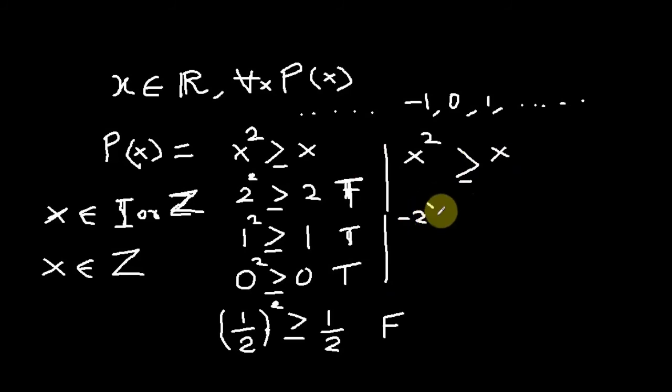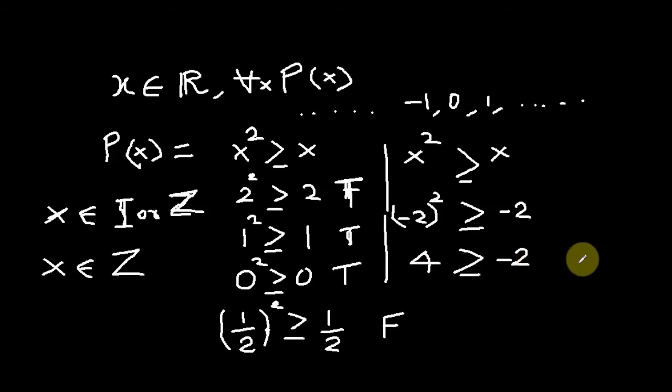So what happens if I switch -2 and take a square? -2 square greater than or equal to -2. Does this work or not? So what I get is +4, because negative times negative is positive, which is obviously greater than -2, much higher than -2.